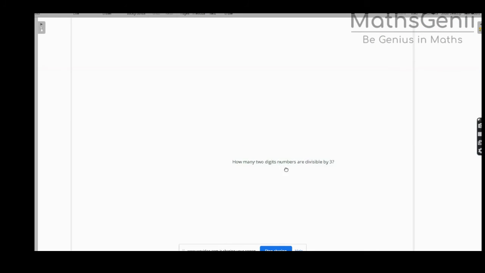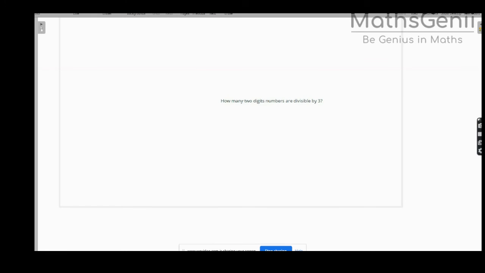Now this is a very good question. How many 2-digit numbers are divisible by 3? This is your question from the chapter AP. Now 2 digit. Remember, students make mistakes in 2 digit. What is the first 2-digit number that is divisible by 3?